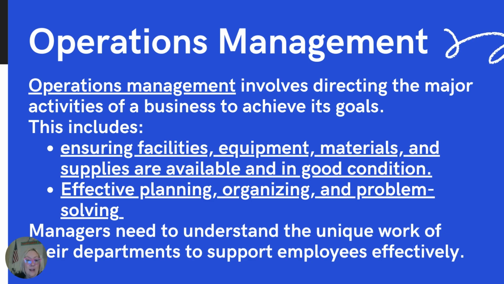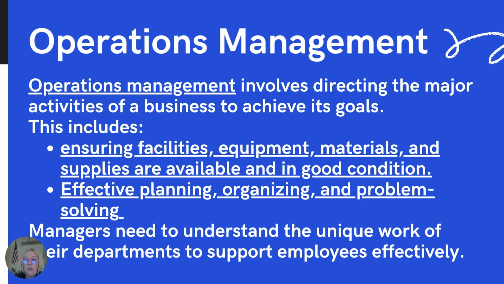And then the next thing is effective planning, organizing, and problem solving. You've got to be on it, folks. As a manager for operations management, you've got to plan ahead. You've got to make sure you're really organized and that you know how to problem solve. If you don't know how to do those three things as a manager, you're not going to be very successful. So managers need to understand the unique work of their departments to support employees effectively.